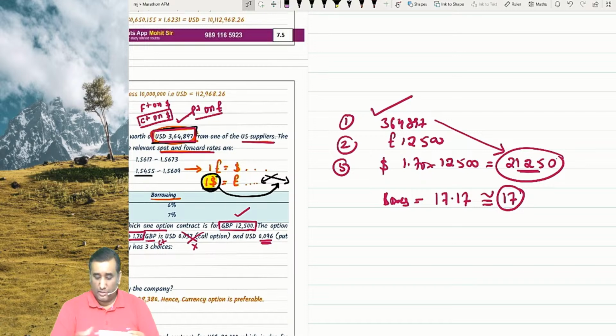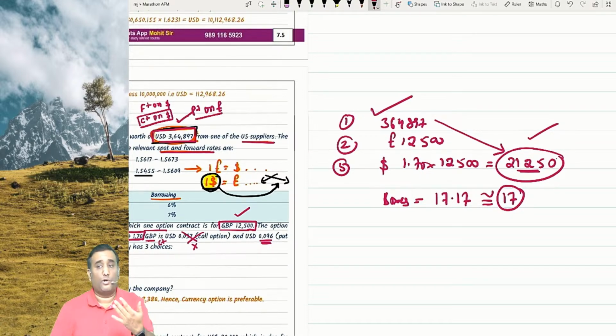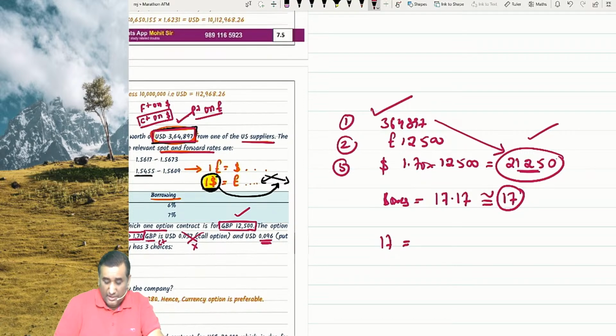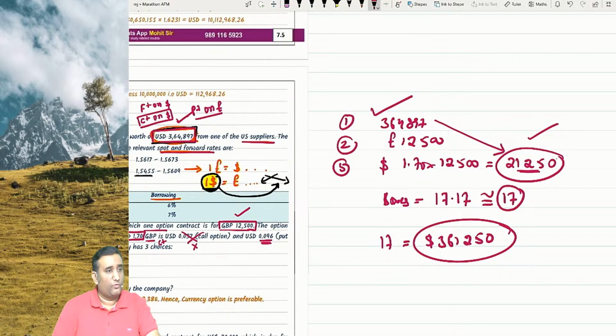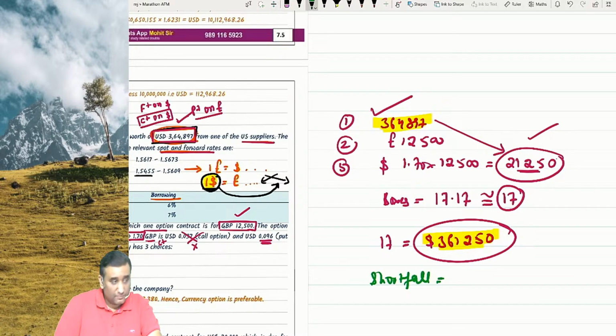In one box of dollar, how much comes? 21,250. In 17 boxes of dollar, how many dollars will come? 21,250 into 17, we get 361,250. Requirement was 364,897. You get 361,250. Shortfall is equal to 3,647.